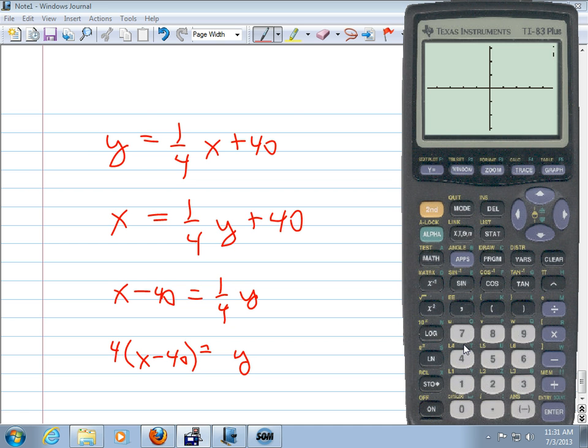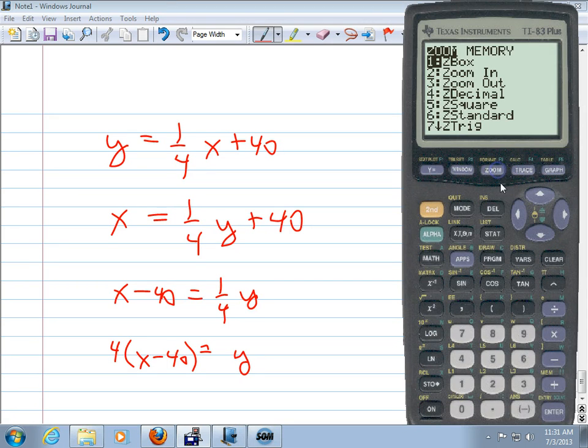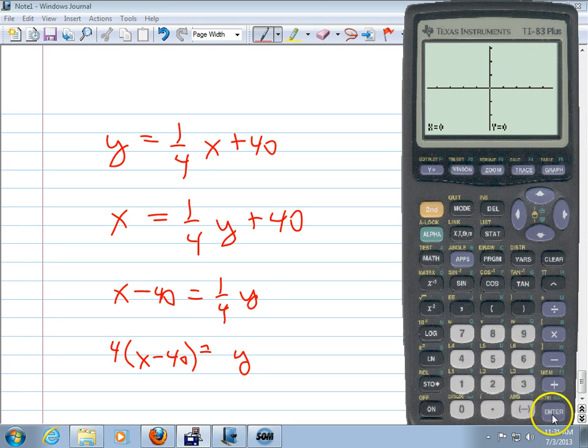No, because the y-intercept is so huge, plus 40? Yeah. All right, let me zoom out a couple times until I can see stuff. Okay, so zoom out, enter. No, if I enter again, it'll zoom out again. There you go. All right, so that's 1/4 x plus 40, and that's 4 times x minus 40.